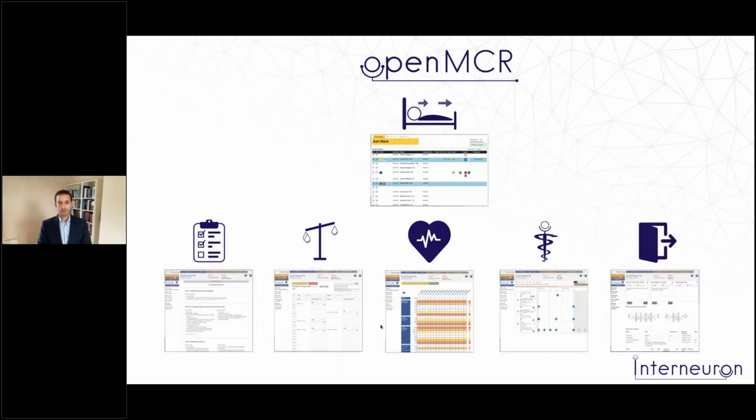People visit the care record. They can identify the cohort of patients they're interested in, be it by consultant, by ward, by specialty or team. And then the only part that changes is the module they're interested in. Now, our platform is very open. We can integrate with other systems.